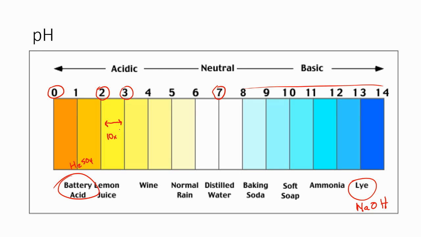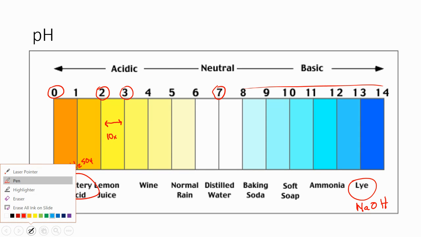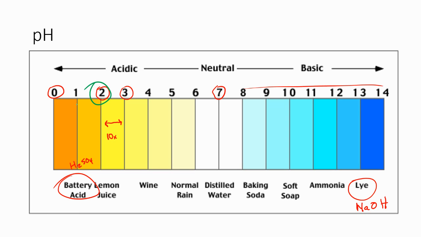So a pH of 2 is 10 times more acidic than a pH of 3. And if I go from a comparison of 2 to 3 to a comparison this time from 2 to 4, that is a difference of 2 pH units. It's actually 100 times. Okay. So there are big differences between points on the pH scale.